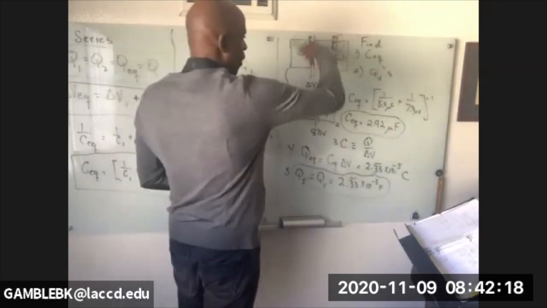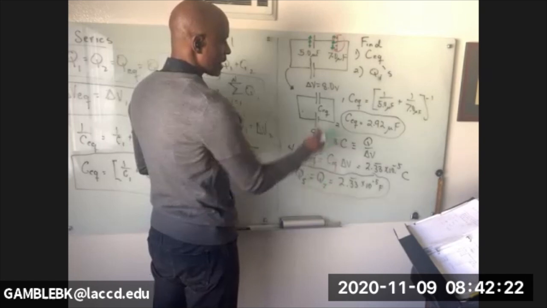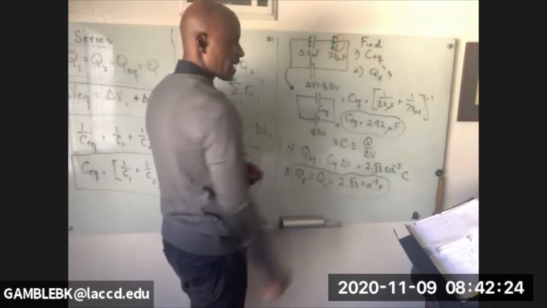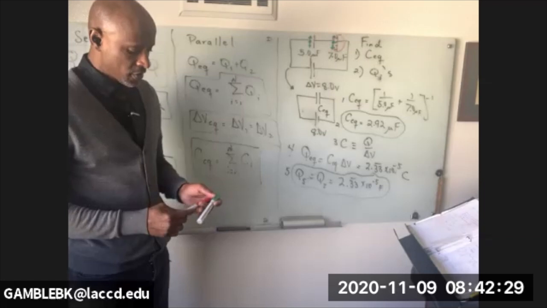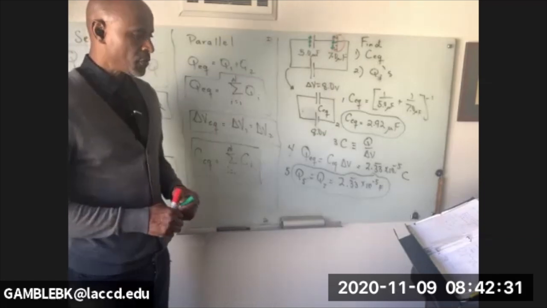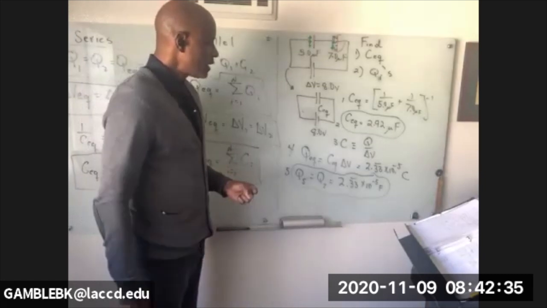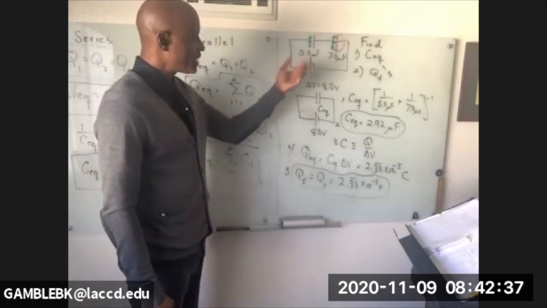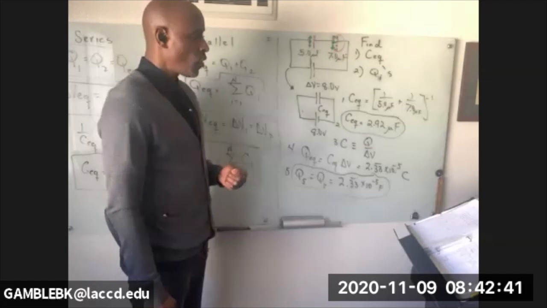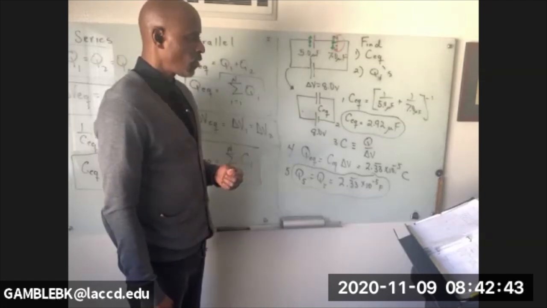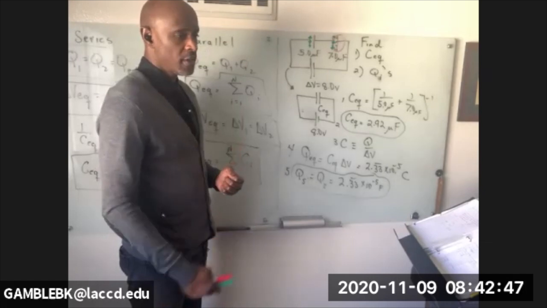So that's why when you add up all the excess charge on all the plates, you just get Q, right? The same as what you would get if it were just one capacitor. So I know that's a lot of words. Maybe if you were to make a concise statement, you would say that the charge is the same on each individual capacitor because the only excess charge is counted as stored charge.